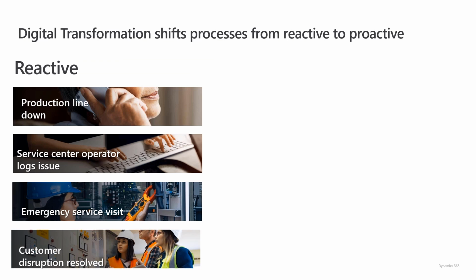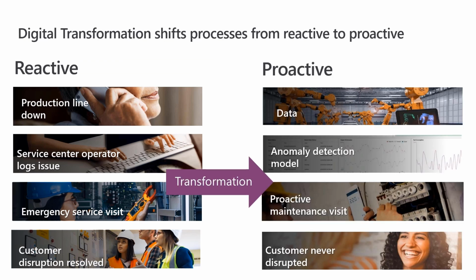Now, what we have with the Power Platform, as well as some of the Azure cloud services, things like Azure IoT, enable us to get more telemetry from the customer. We can do things like anomaly detection, which allows scheduling proactive maintenance.